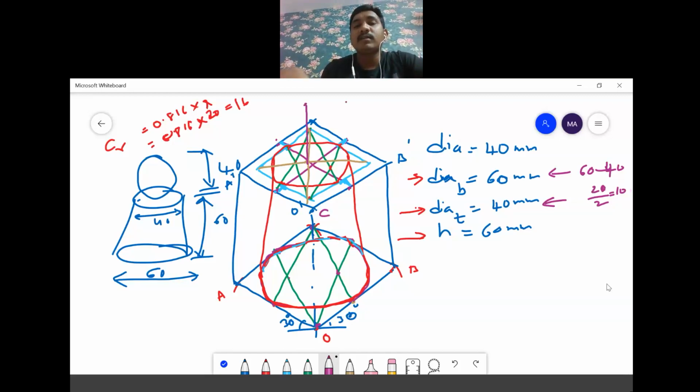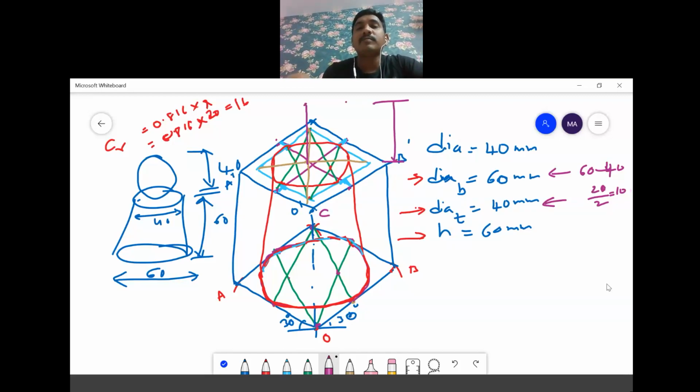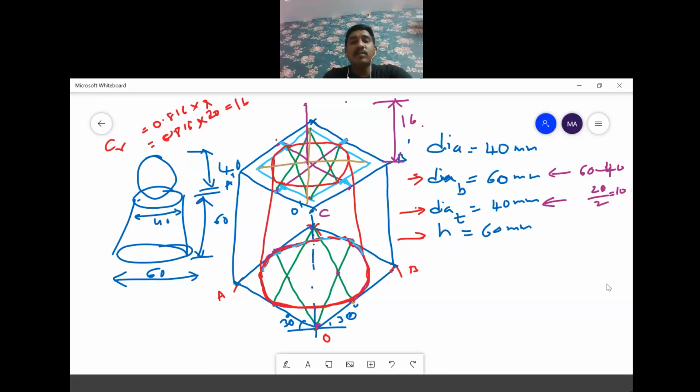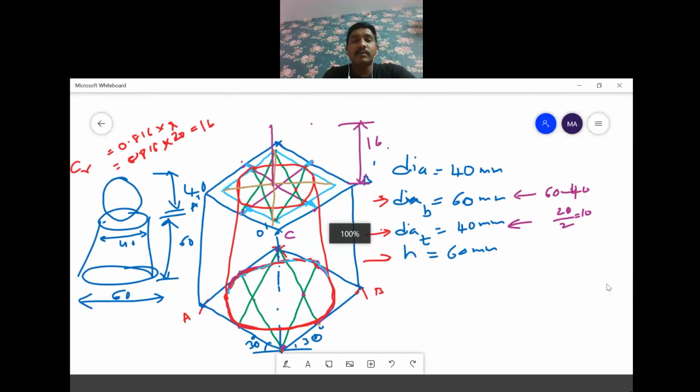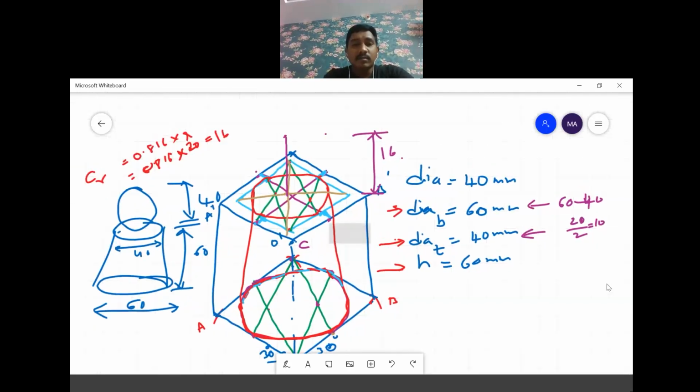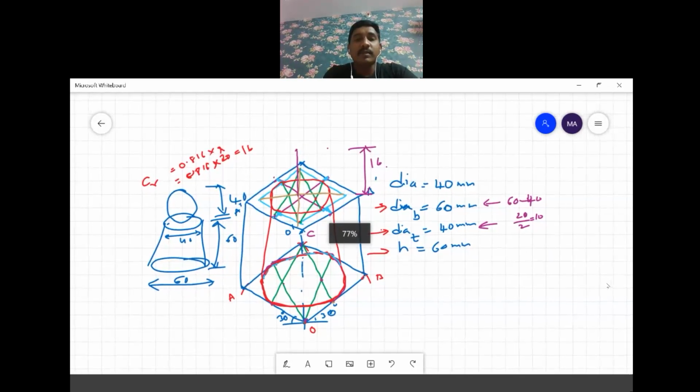I'm marking a distance of 16 mm from the center. This one will be the center of the sphere.